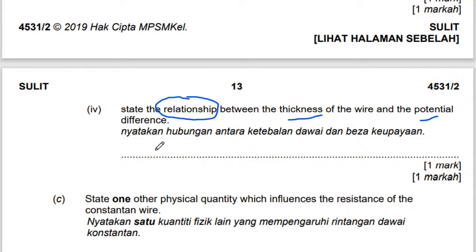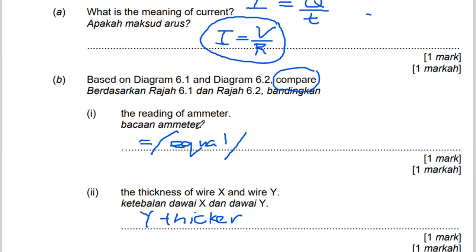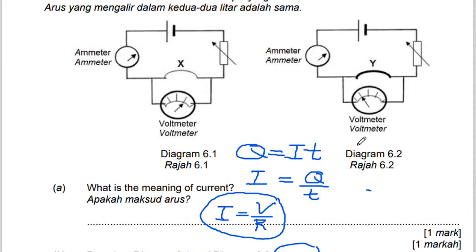Jangan tulis like this: referring to diagram 6.2, when the thickness of Y is thicker, the voltmeter reading is smaller. Don't write like that. Jangan relate to the diagram anymore.